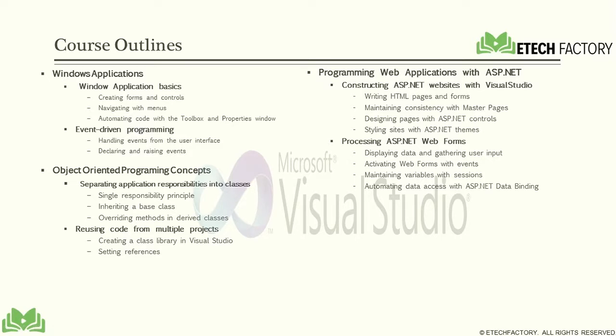Under this, we are going to cover Windows application basics: how to create the forms and controls, how to navigate with the menus, and automating the code with the toolbox and properties windows. The second module is event-driven programming.